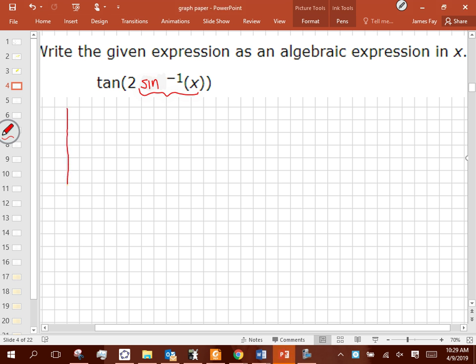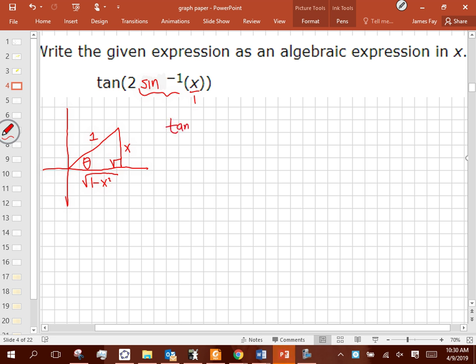We're going to draw a picture. Okay, so it's going to produce this theta. But now sine is opposite over hypotenuse, right? Now it gives me that distance to be root 1 minus x squared.